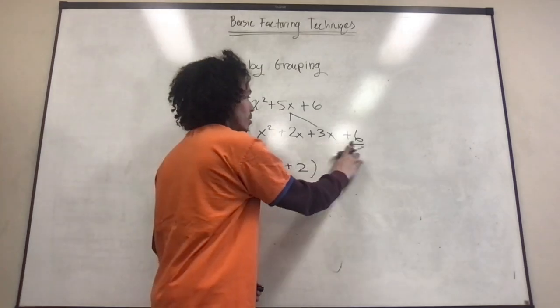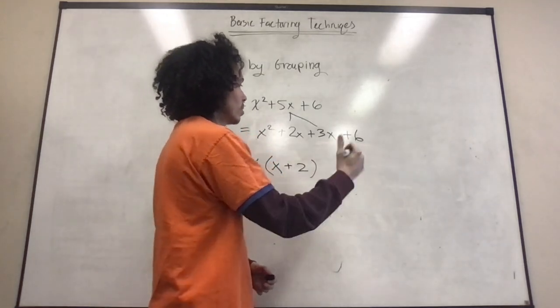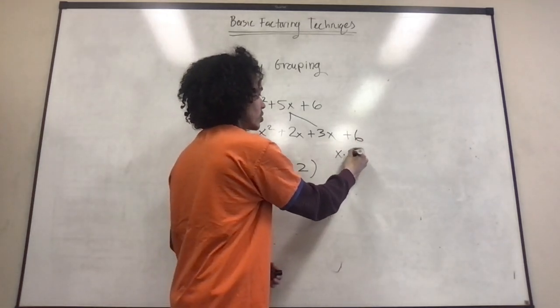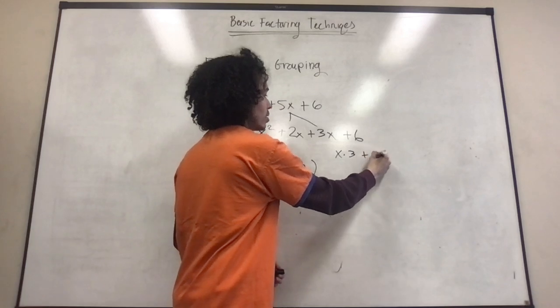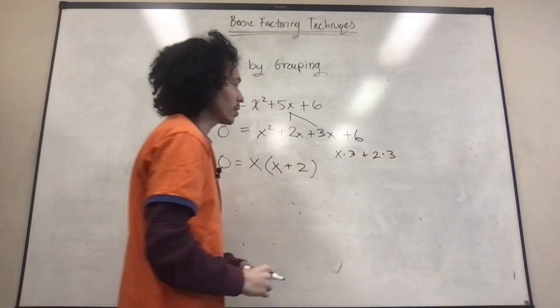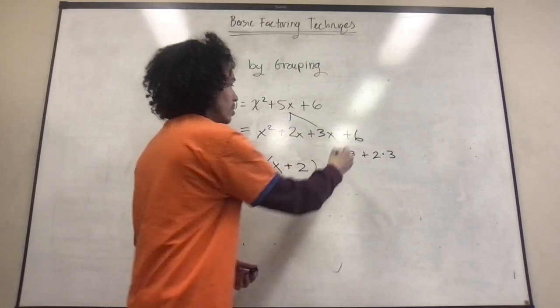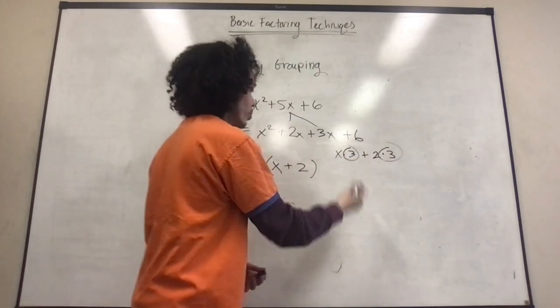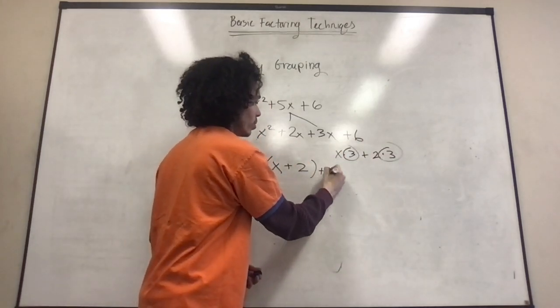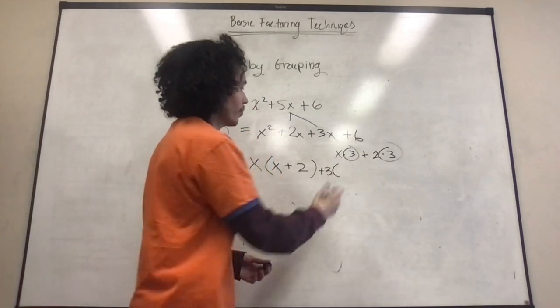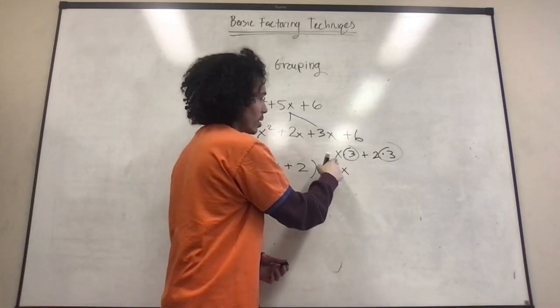You could say x times 3 plus 2 times 3, right? 3x plus 6. There's 3, bring it out. Plus 3. Bring down the x.